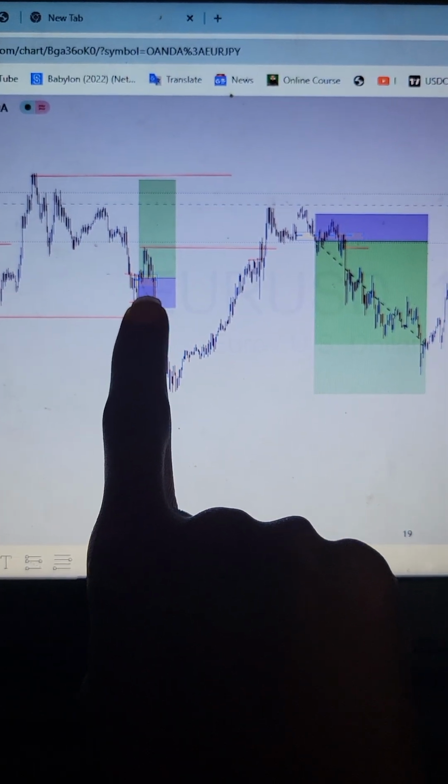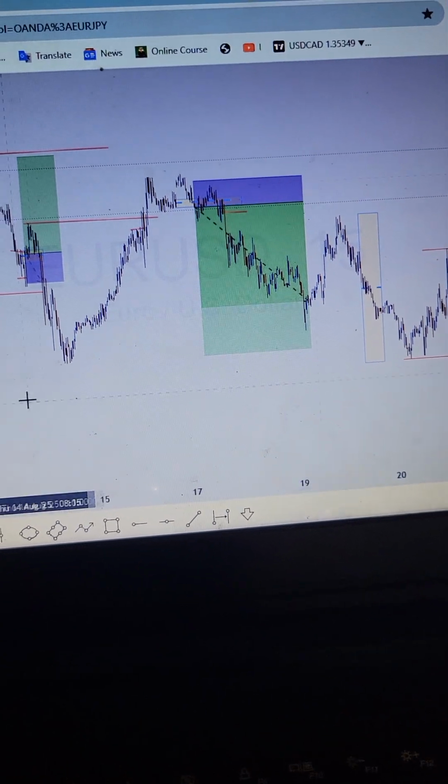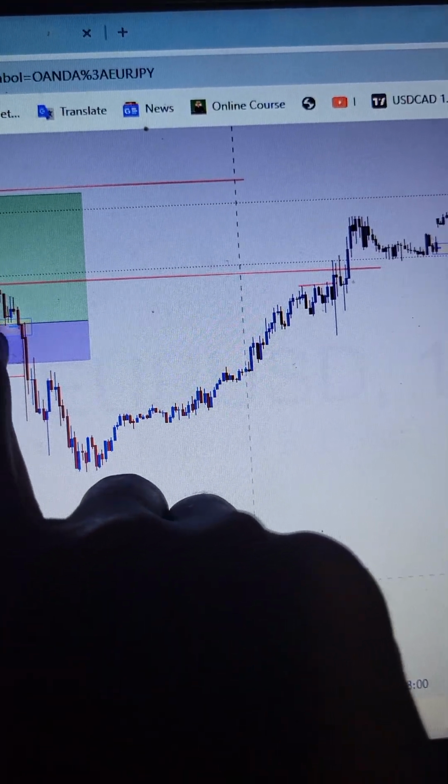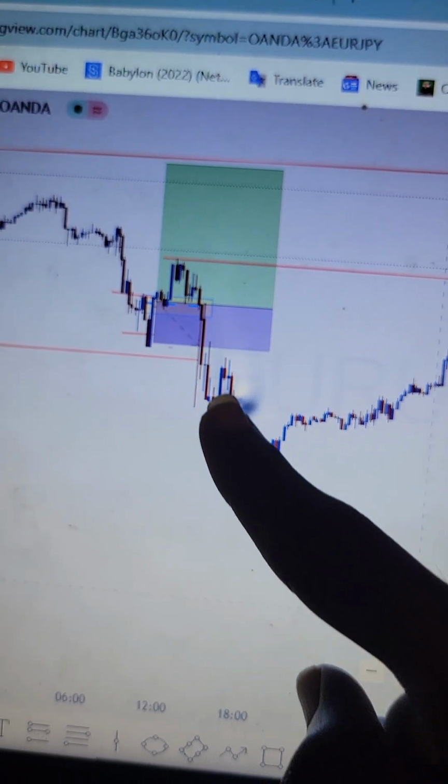On GBPUSD, I mean, sorry, on EURUSD, I was expecting the price to buy from here last week, and it did try to buy. Let me show you my entry confirmation. As you can see, my entry confirmation, price sweep, a break. Price did try to buy before the news, but as the news came out, it dumped the price.